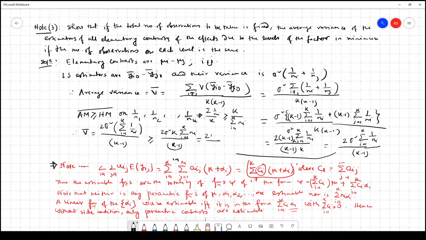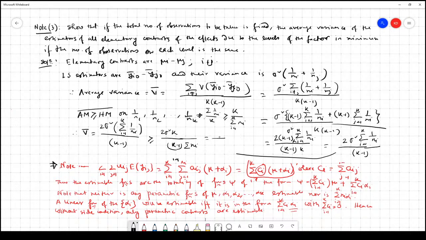2 sigma square n naught, where n naught is k into sum over ni by, sorry, this is a mistake. I think it should be, please rectify this, I think this should be sum over n here.